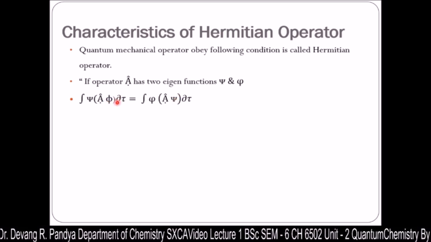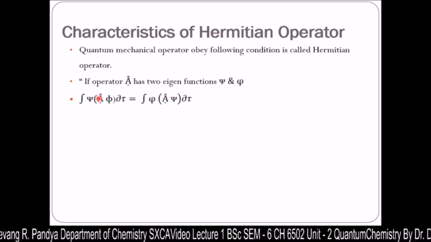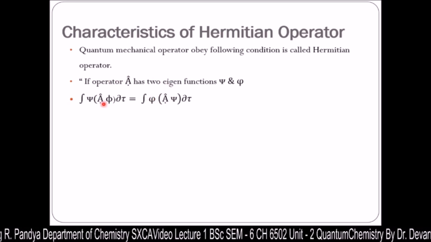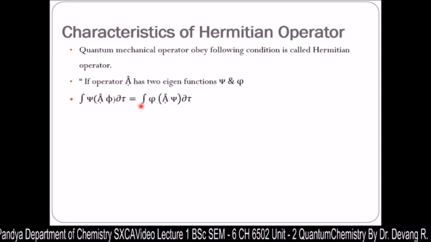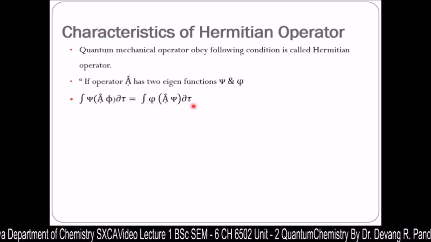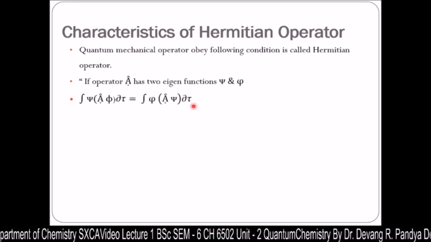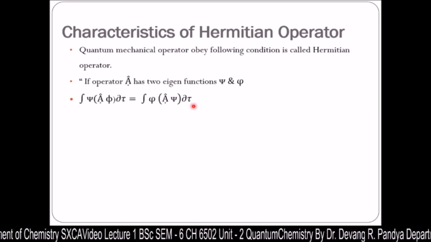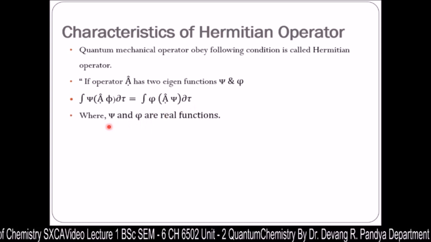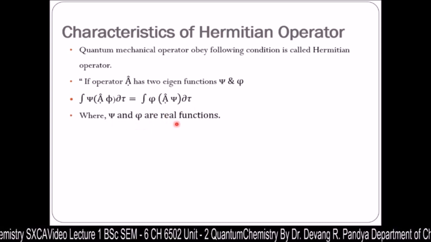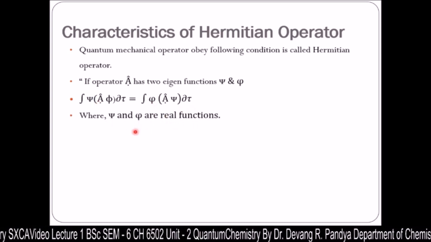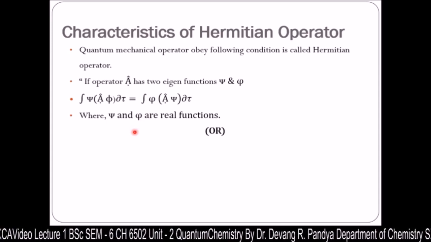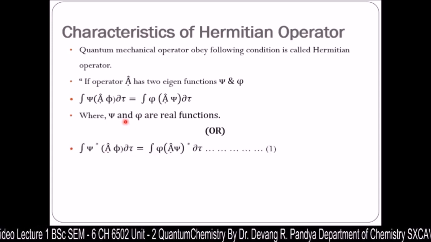One after the other, the operator operates on different functions, and if their integrals over the volume dτ are equal, then that operator is known as a Hermitian operator, where psi and phi are real functions and operator A is Hermitian.